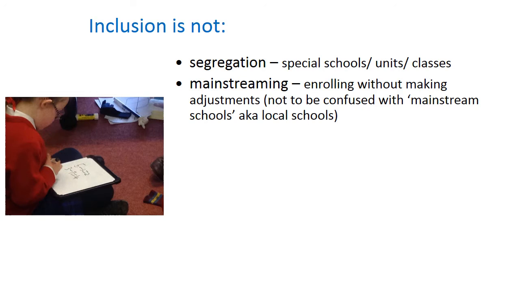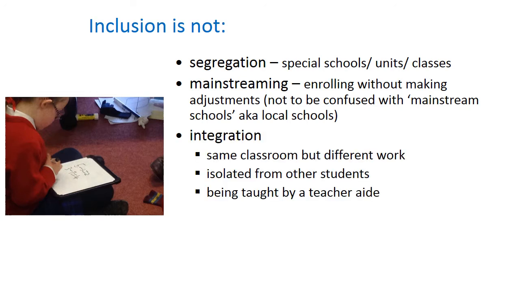Mainstreaming is another term, and it's probably a term you don't hear all that often anymore. It was about when students were enrolled but no adjustments, so it was up to them to cope, and they could be there so long as they could manage. Integration is not what we're talking about either.